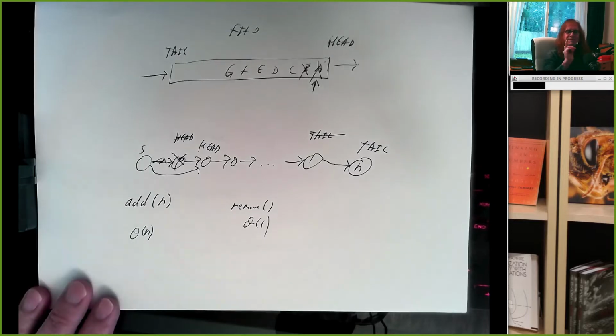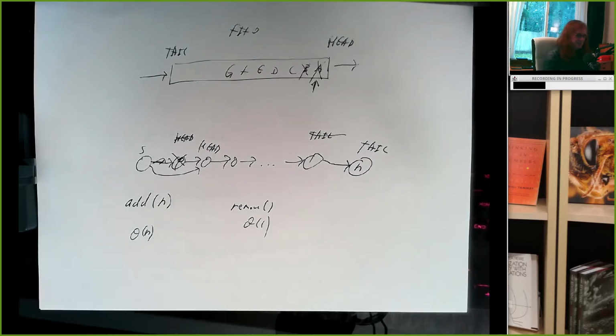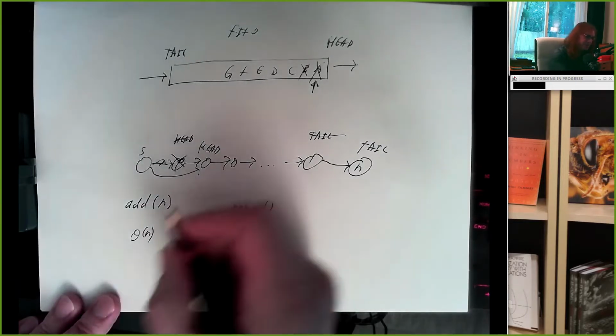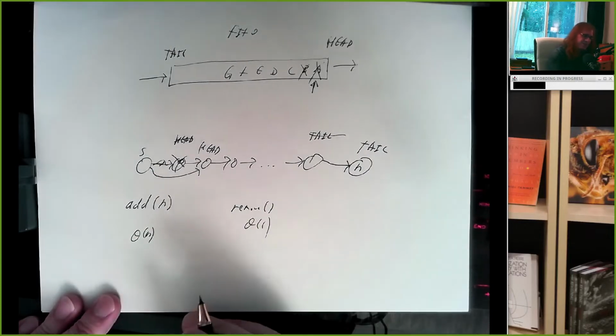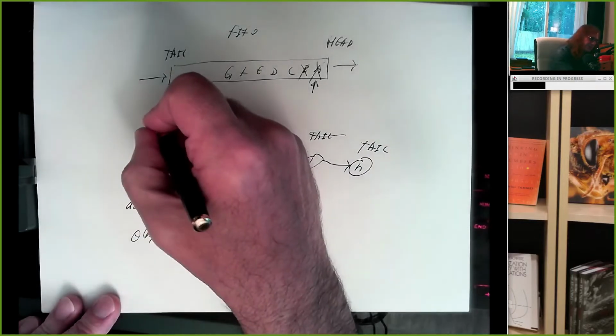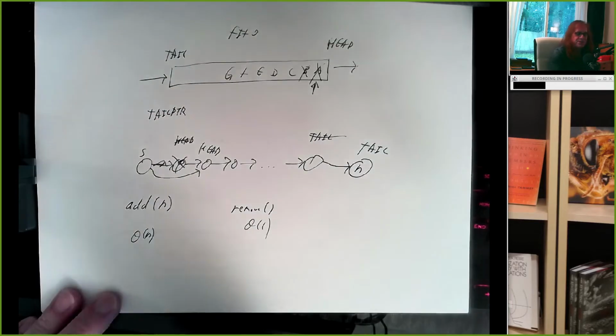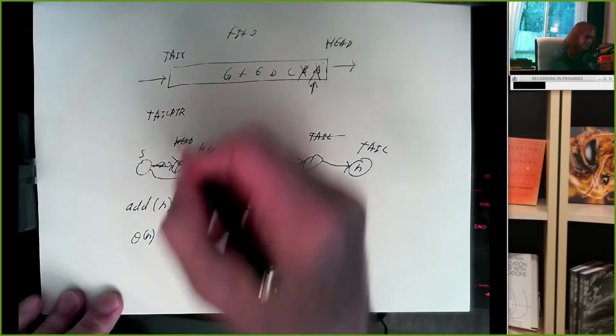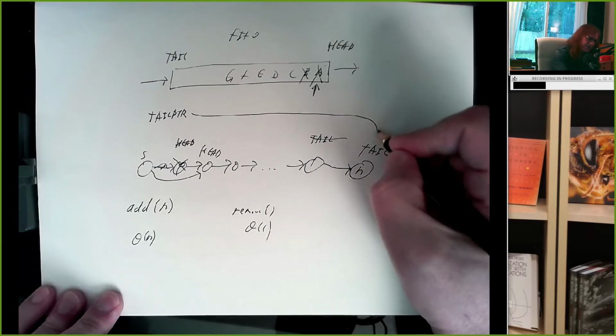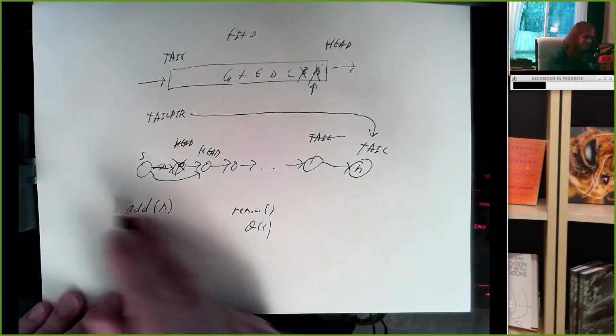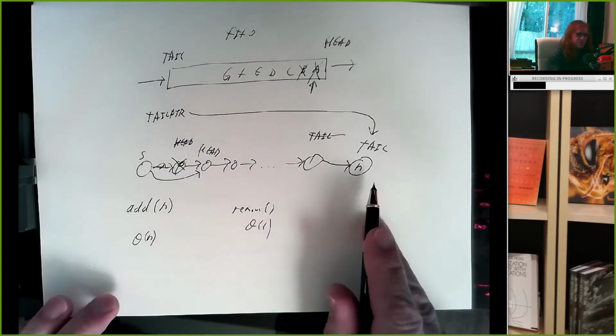But we can effectively do that by having something else, right, which I'm going to call a tail pointer. Just a second thing to go along with the sentinel, which always points to the last node of the list. So the sentinel points to the first node, the tail pointer points to the last node.